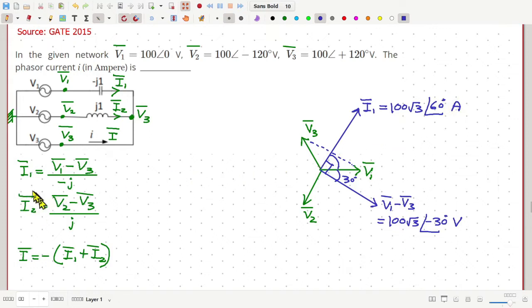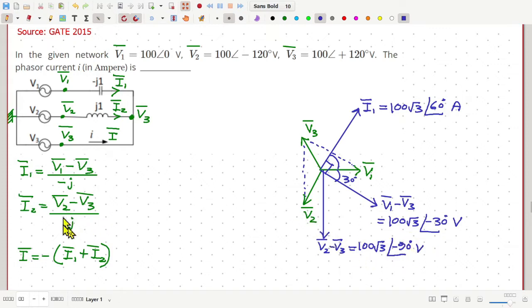Similarly, let us find I2. I2 is given by V2 minus V3. So V2 minus V3 is this phasor, which is the same as this phasor. The magnitude will be 100 root 3 and the angle is clearly minus 90 degrees. This is in volt.